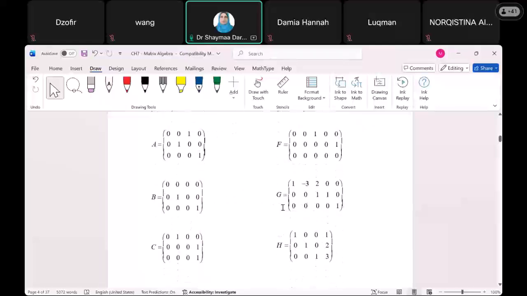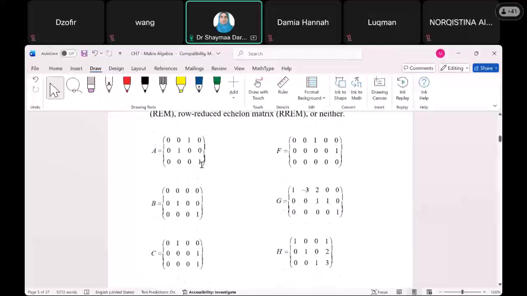Okay, let's check these together. The first one, matrix A here. Is it row echelon form or not? Not. Why?